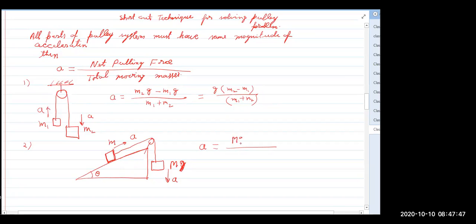So Mg is trying to pull, and then small mg is there, but small mg is not trying to pull completely due to its weight, only its component along the motion, which is mg sin theta. So we can write capital Mg minus small mg sin theta as the net pulling force, divided by the total moving masses. In this way we can find the acceleration of the system.